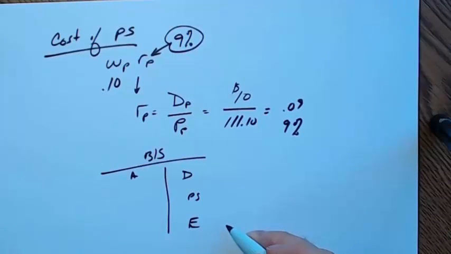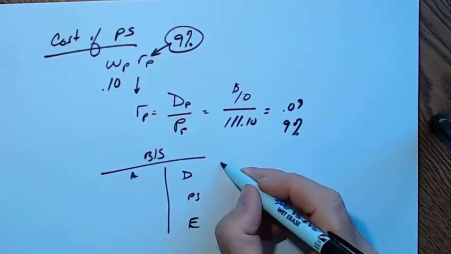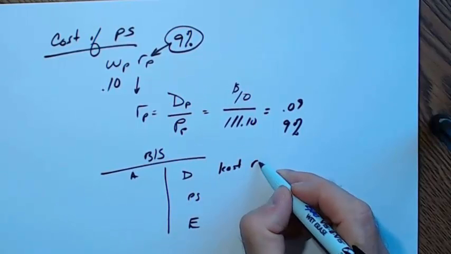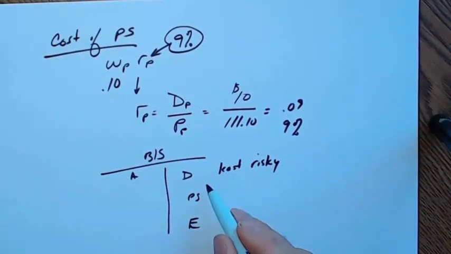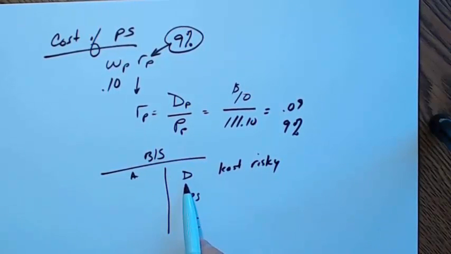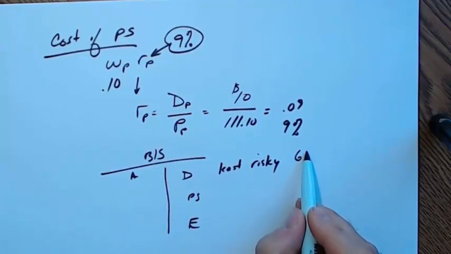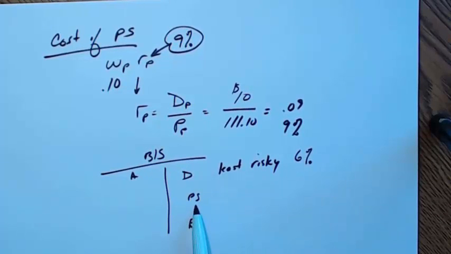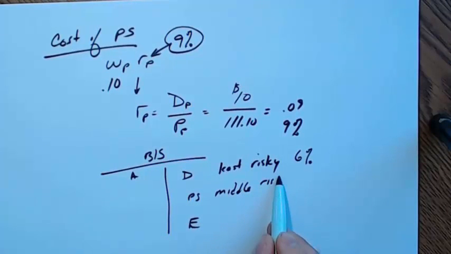We know from previous discussions that debt is the least risky of all these securities, and so it should have the lowest after-tax cost of capital. That turned out to be 6% after-tax cost.